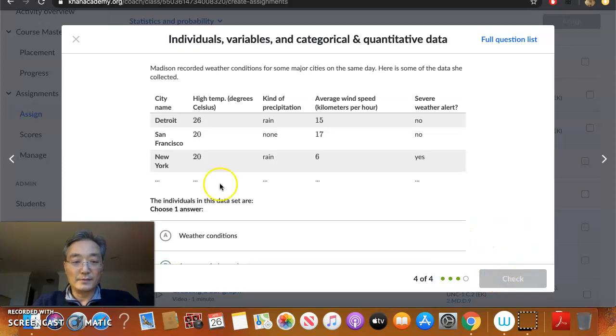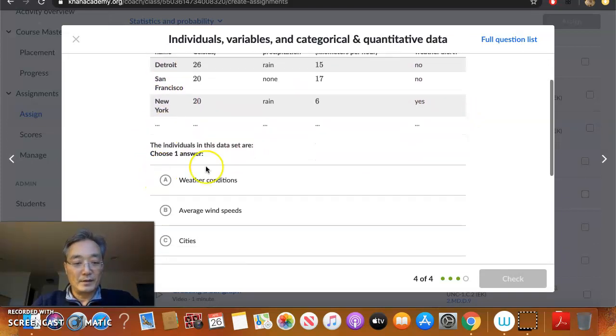And then finally, Madison recorded weather conditions for some major cities on the same day. Here is some of the data she collected. So here are 3 major cities, and we have the high temps in Celsius, the precipitation, average wind speeds, and severe weather alerts, yes or no. So clearly the individual here deals with these major cities.